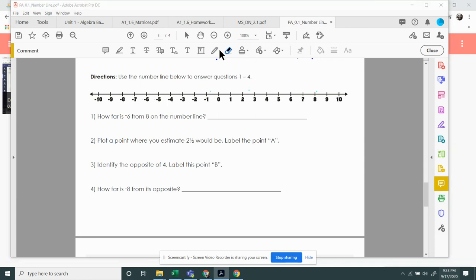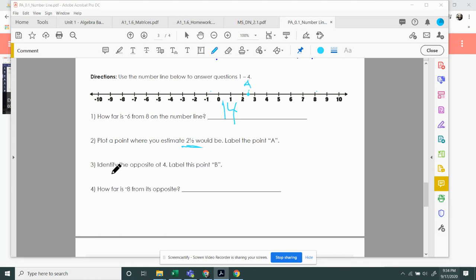Okay, so let's put back our answer 14 here. And plot a point where we estimate positive 2 1/2 would be. Well, that would be halfway between 2 and 3. So that would be right about here. And they want us to label it A.